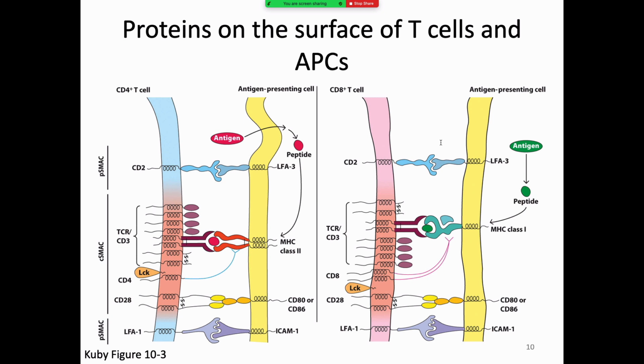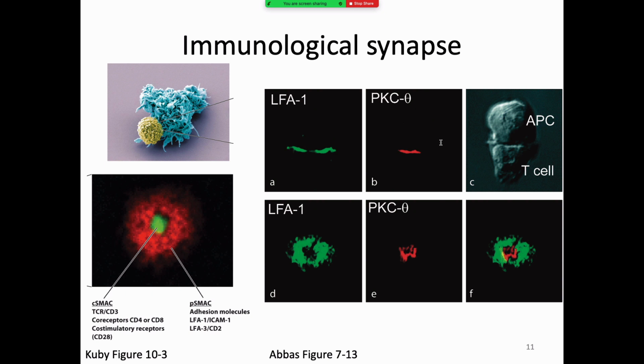And so much so, this clustering, that you can actually see it under a microscope as this thing called the immunological synapse. We can see the TCR and CD3 and all of the other signaling molecules all end up in a little cluster together on the surface of the cell, so they can all signal together and work together.